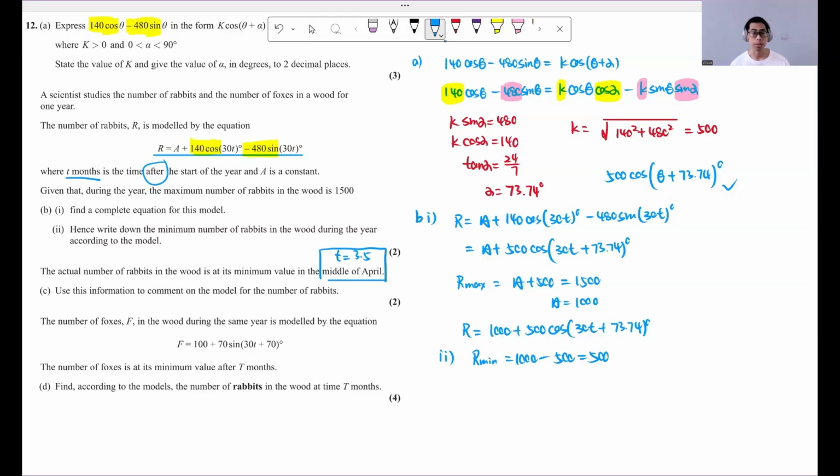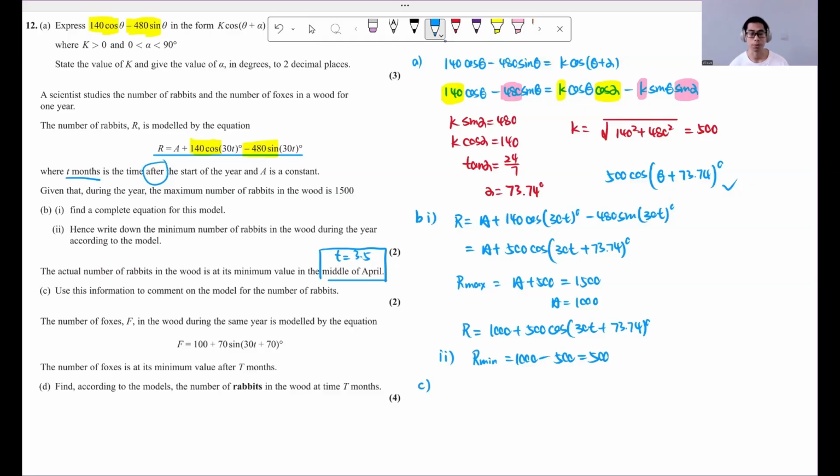There are two ways to do this. You can substitute t equals 3.5 into the equation to see whether the value is close to 500 or not, or you can solve the equation to work out t to see whether your answer is close to 3.5. Both work. In this case, substitution is slightly simpler.